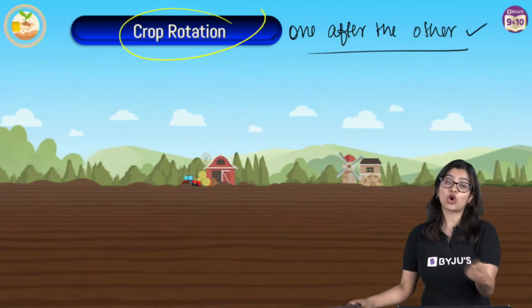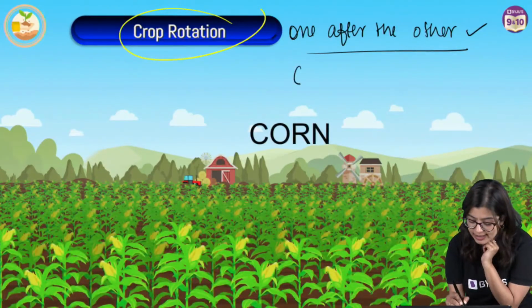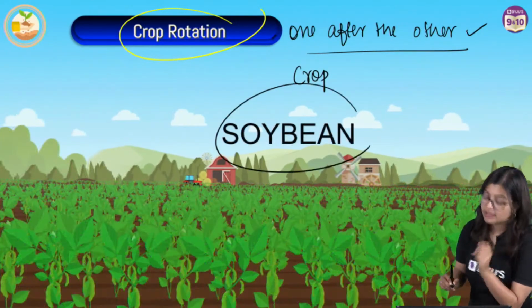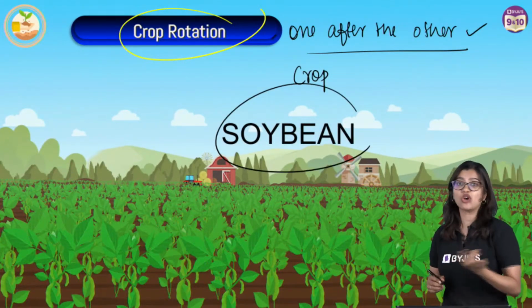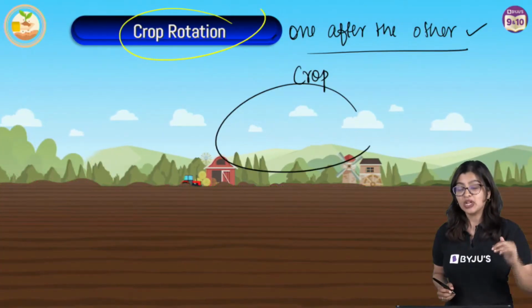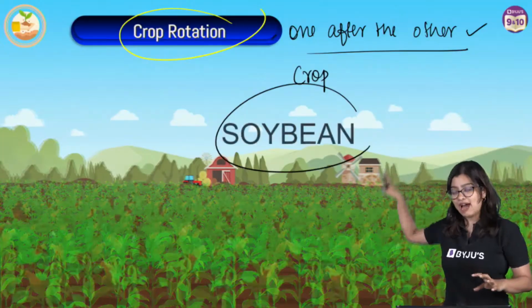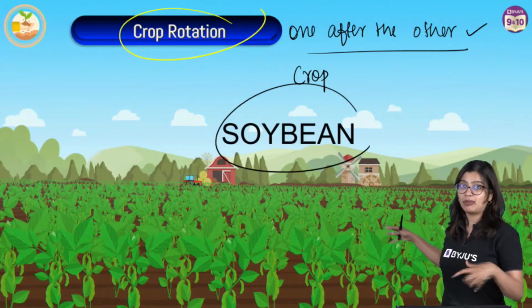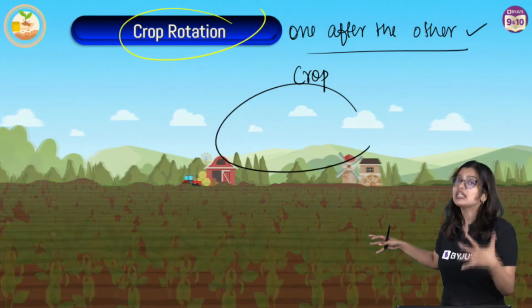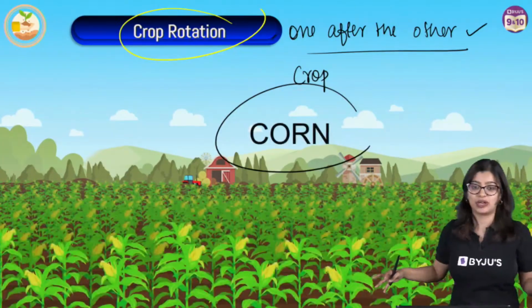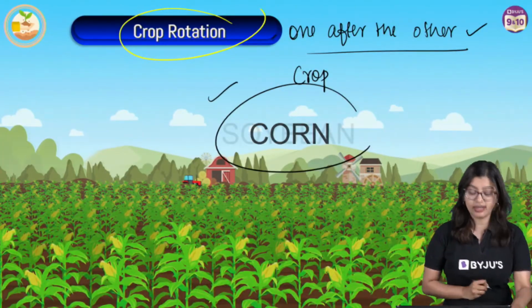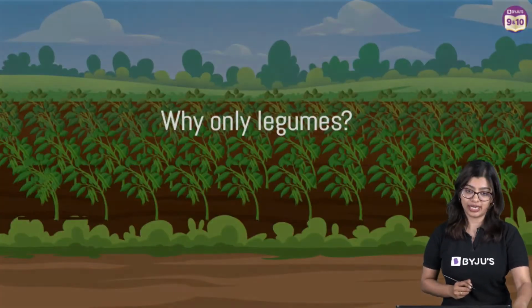But it is not that you will grow the same crop. Let's assume you have crop 1, which is corn. Then the next cycle you will grow soybean. Then you will grow corn again. Whatever nutrients were used by the corn will have time to replenish, plus the soybean, as it grows, is a leguminous plant, so it will add nutrients to the soil as well, right? So that's why this is what we call crop rotation.